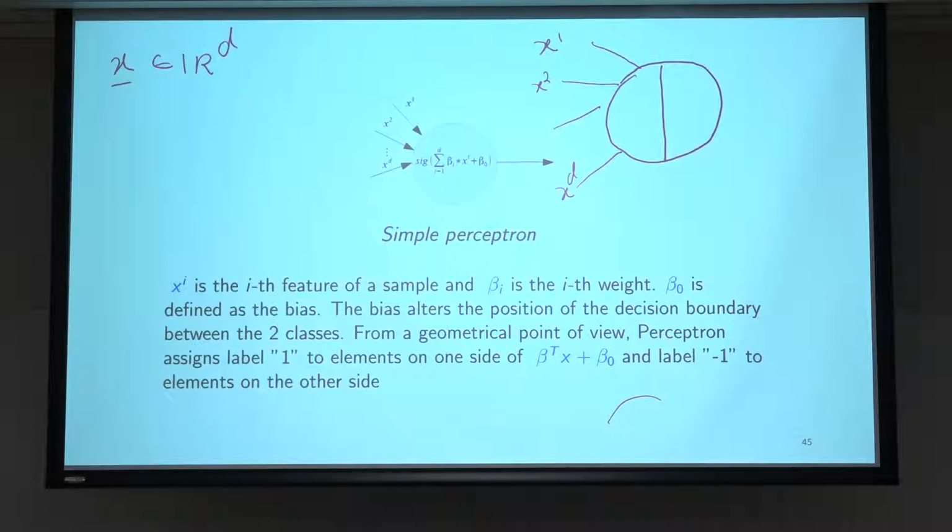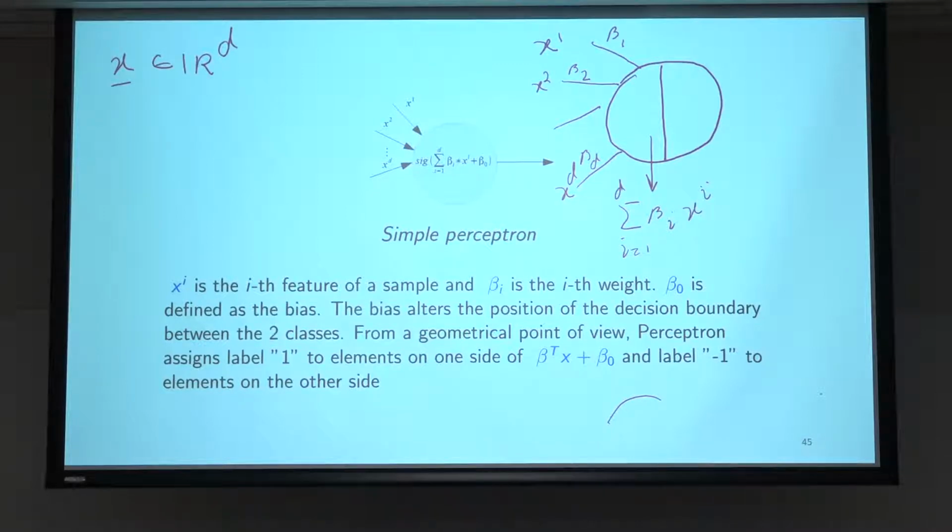And this is the input of your perceptron. What's happening in this part of the perceptron is to compute a weighted sum of these d measurements. So basically here, it's going to be beta 1 times x1 plus beta 2 x2 up to beta d xd. So here I basically have this summation, beta_i x_i for i equal 1 to d.